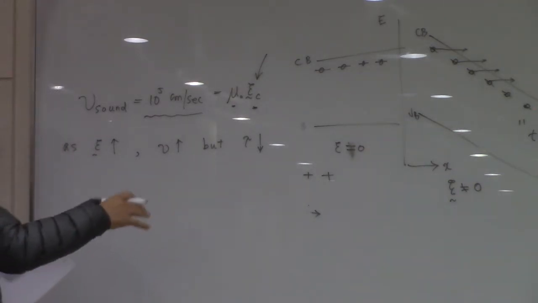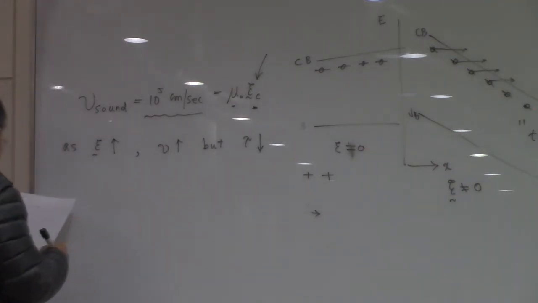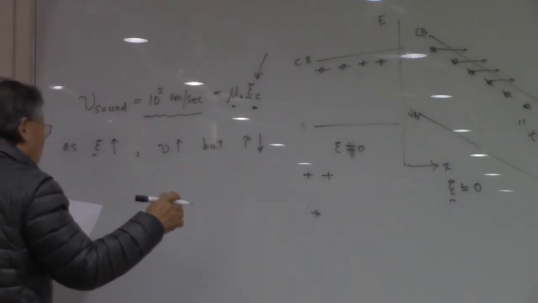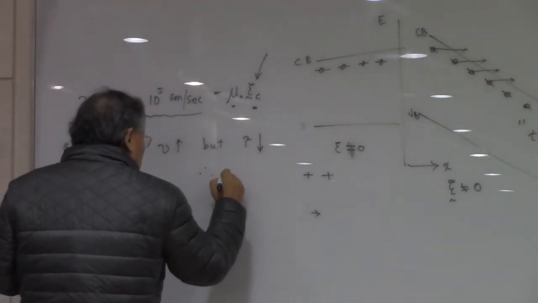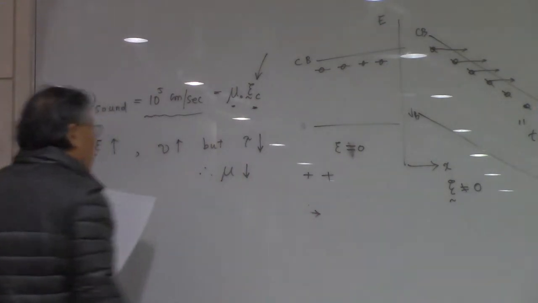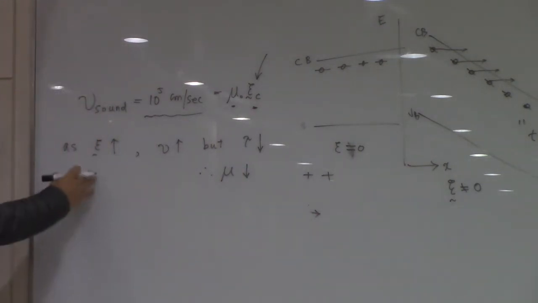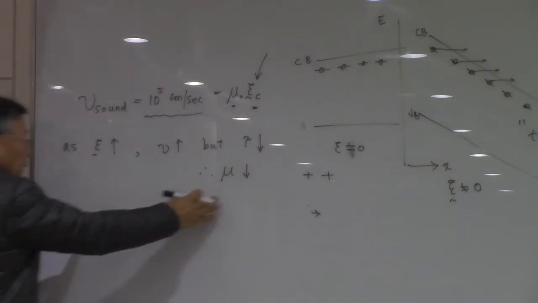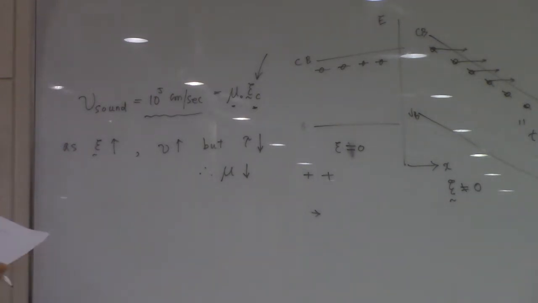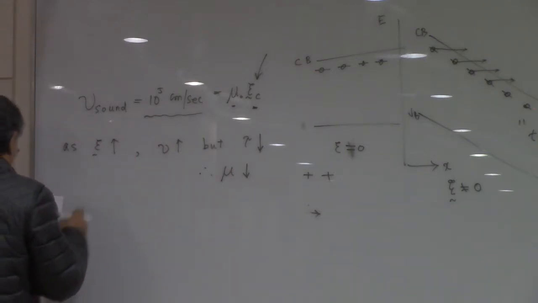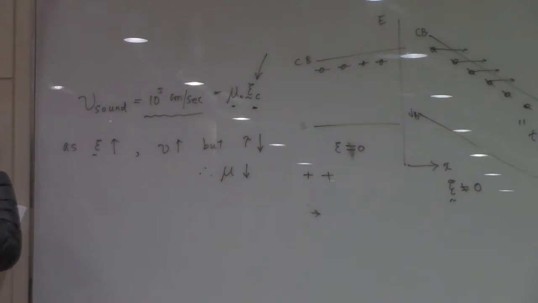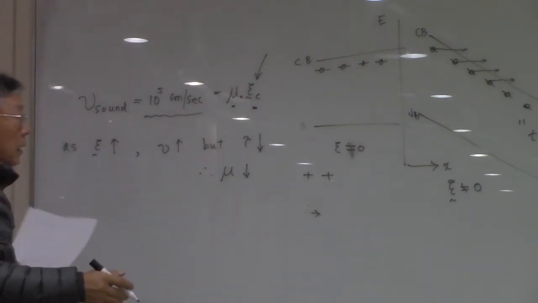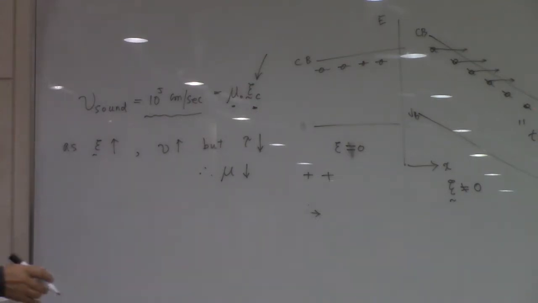So that is a competing effect, which makes the mobility go down. So if you increase the electric field, then eventually you can decrease the mobility of the free carriers, okay? So that's the electric field effect on the mobilities in general.